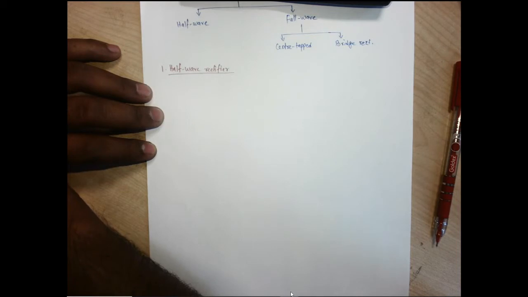If a sinusoidal signal has a peak amplitude of 5 volt, then 5 volt is equally available on the positive side as well as the negative side. It has peak voltage of plus 5 volt as well as minus 5 volt. So if we take the average, it will become 0.